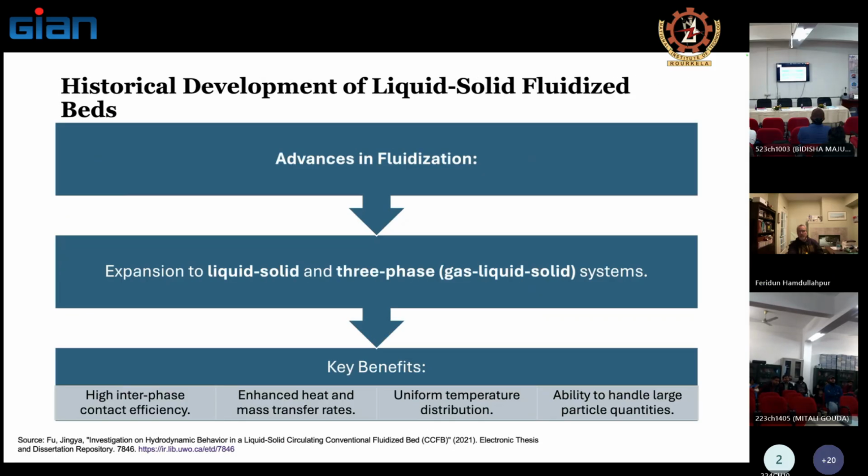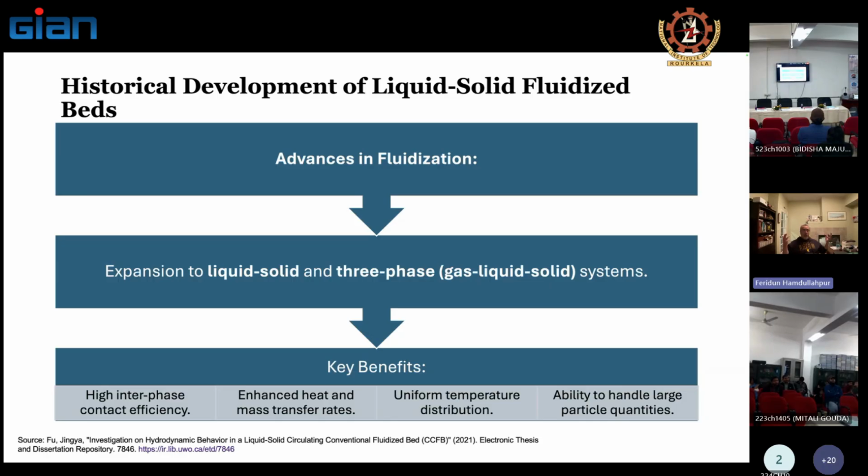So these are, as I mentioned, key benefits: high interface contact efficiency. It's very important. If I'm treating wastewater, I am introducing solid agents for recovery, to remove phenols probably.